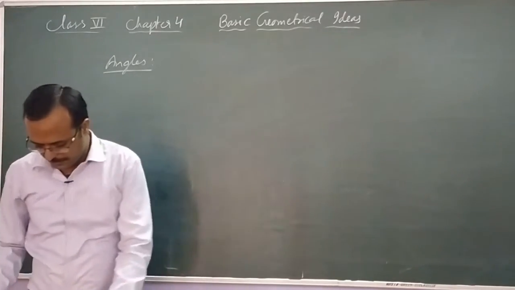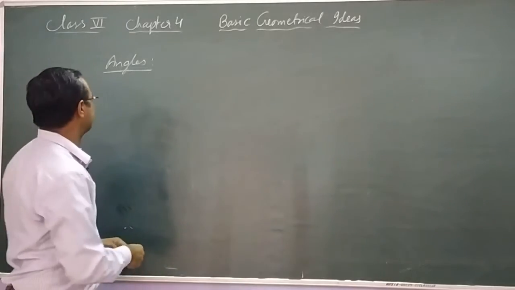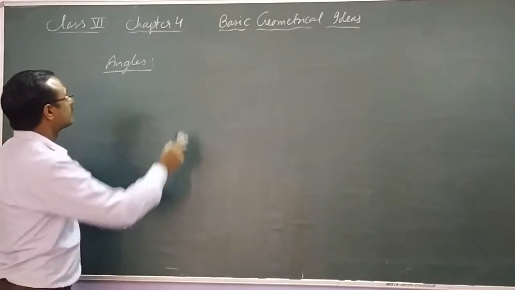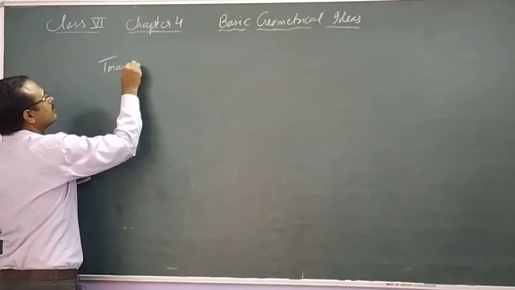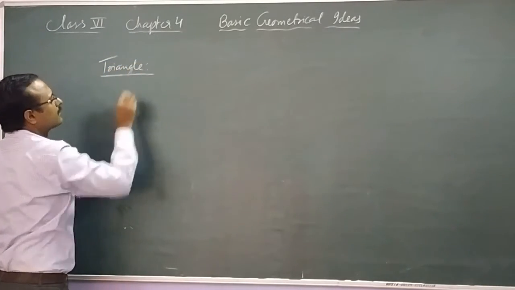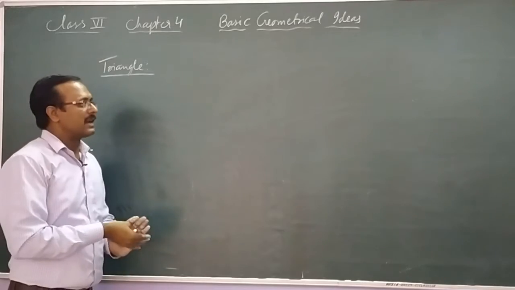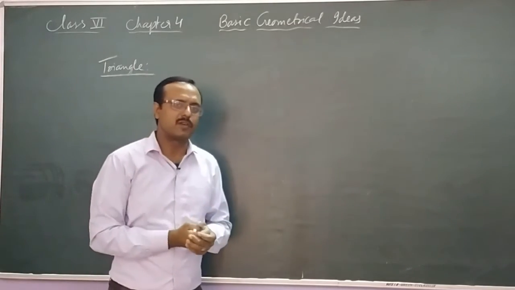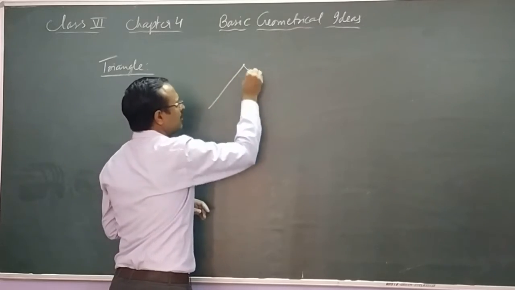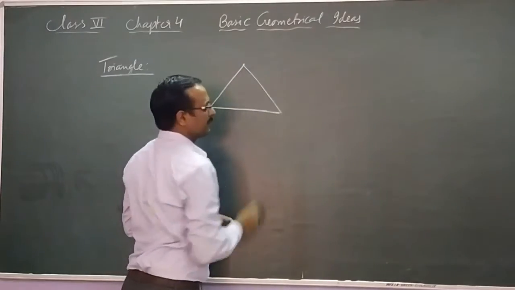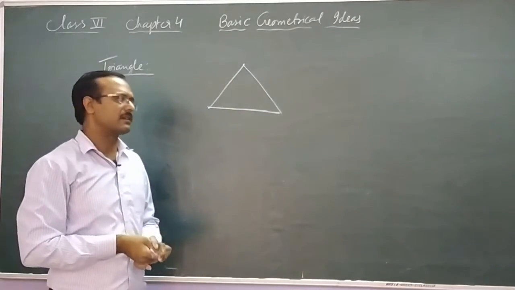Now our next topic is triangle. A triangle is a special polygon which contains three sides, or you can say three line segments, and it is a closed figure.